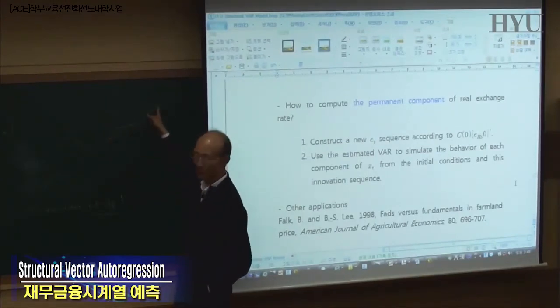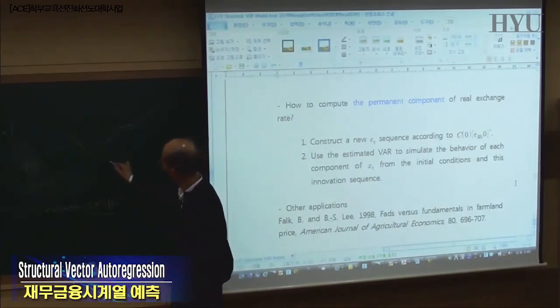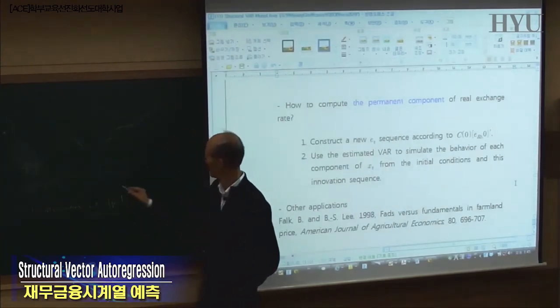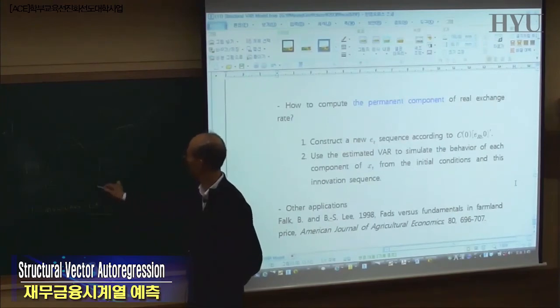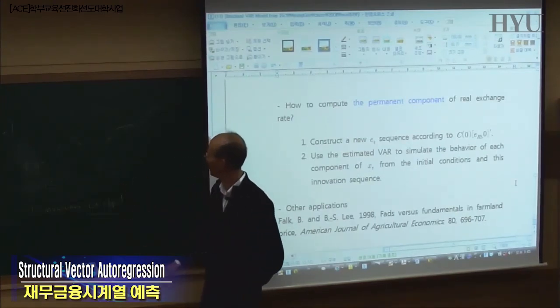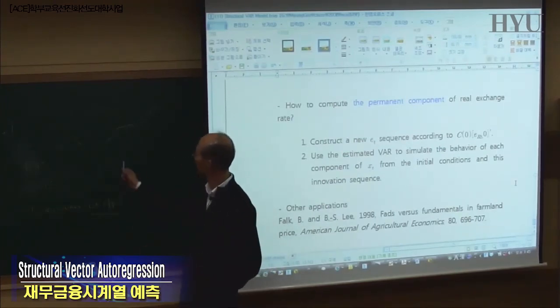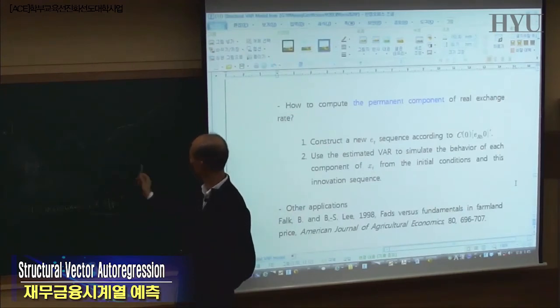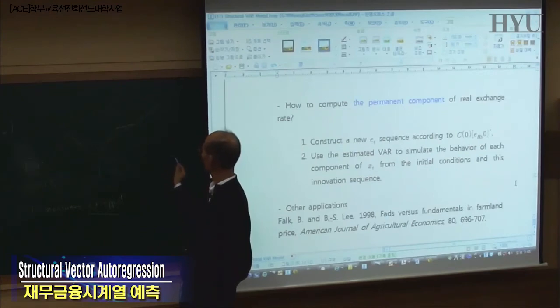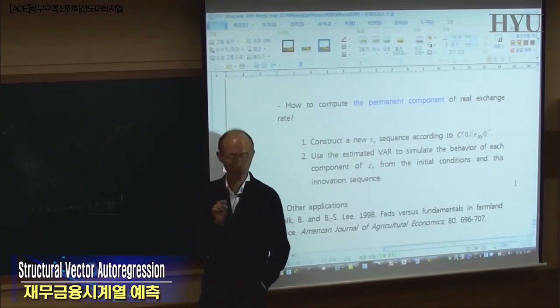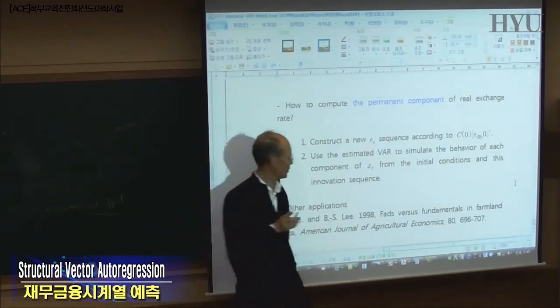And this is permanent move. The way you do it is you have RT and ET, real and this, right? So let's say this is XT. You want to calculate the variation of this one, explained mostly by the real supply shock. That's your permanent component, right? So this is how you do it.